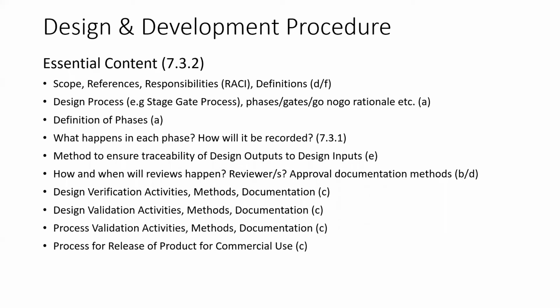And who are all the people who will sign off to say that, yes, we are completely satisfied that the work that has been done in the design, manufacturing, inspection, test, packaging, labeling of this device, its safety and effectiveness has been ascertained beyond all possible reasonable doubt. And these are the people who are going to sign this off. And this is how we are internally going to assure that the product is safe and effective for human use. So what is the process? All this has to be defined in the design procedure.